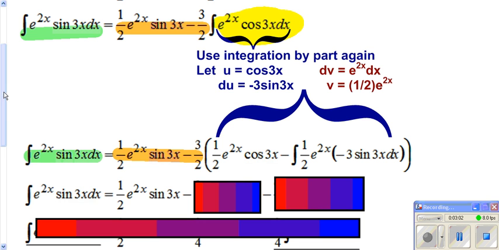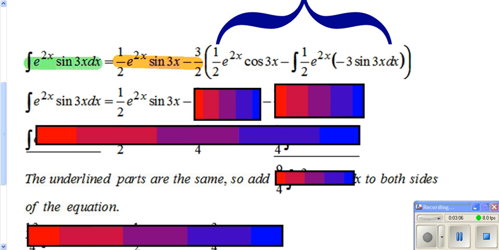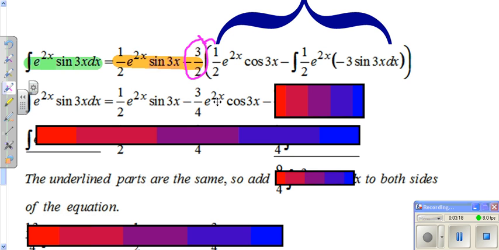Now we need to go ahead and do some simplifying. If we distribute this negative 3/2 through to this, we get a negative 3/4 of that. Now I have to distribute this negative onto this, which makes it positive.